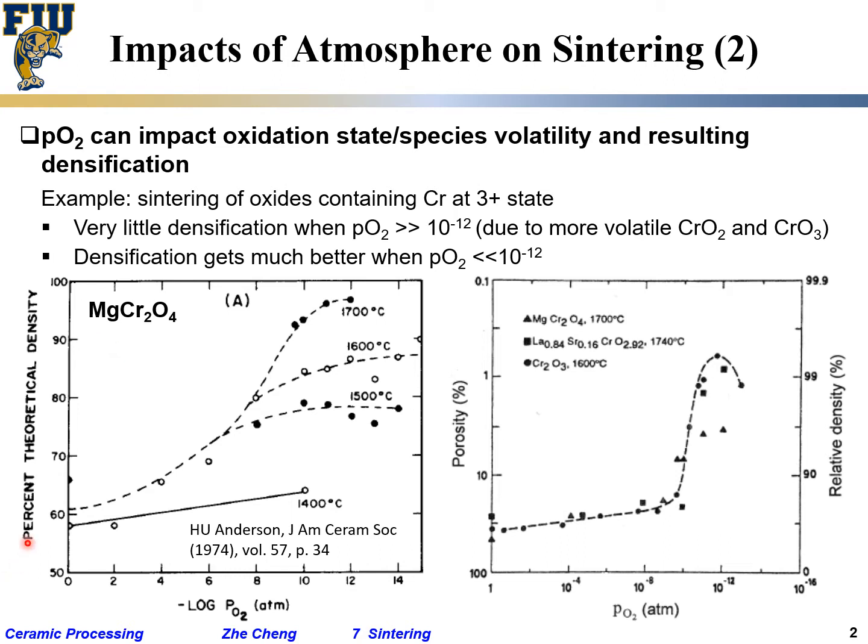And this plot is percentage of theoretical density, which is just the relative density, right? From 50 something, 50, 60, all the way up to 100%. Make sense? You can be as high as fully dense.